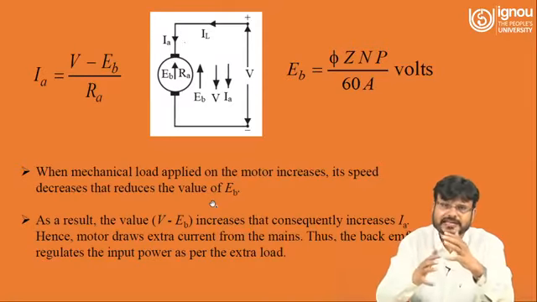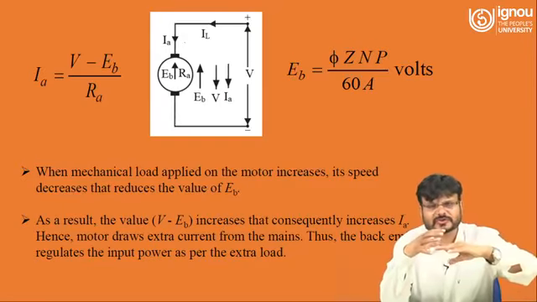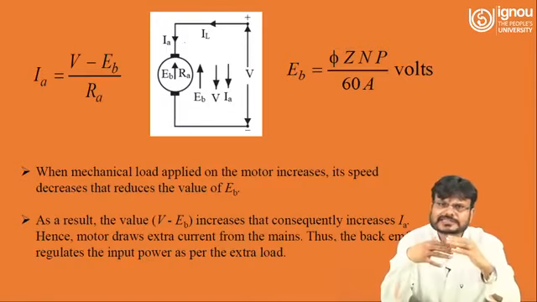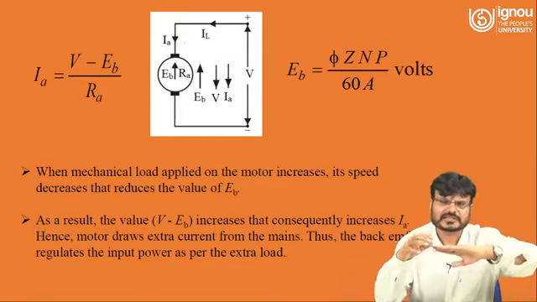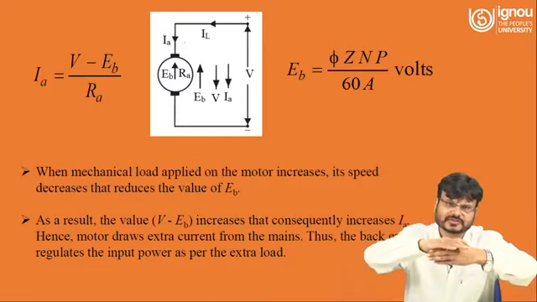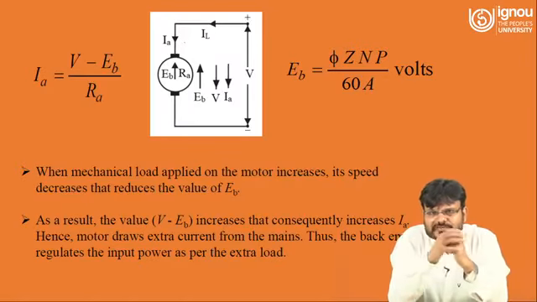Because when you are applying some load on the DC motor, what does that mean? The DC motor is giving some mechanical power, the shaft is moving, and you are putting some extra load, right? Suppose some train is moving.